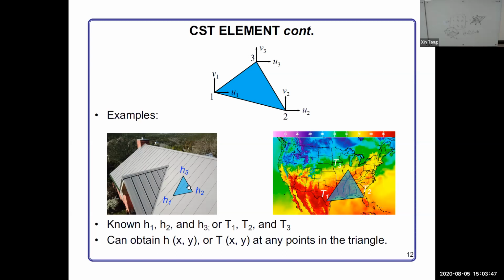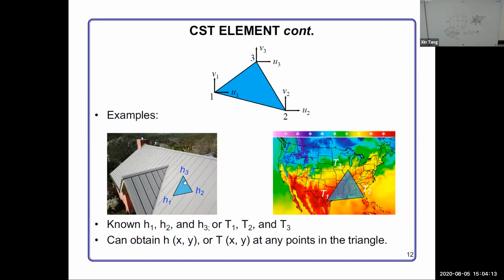Then for any point on the element, either on the edge or in the center, you can find out its height, because the roof is flat. This triangle-shaped element gives you the correct solution.